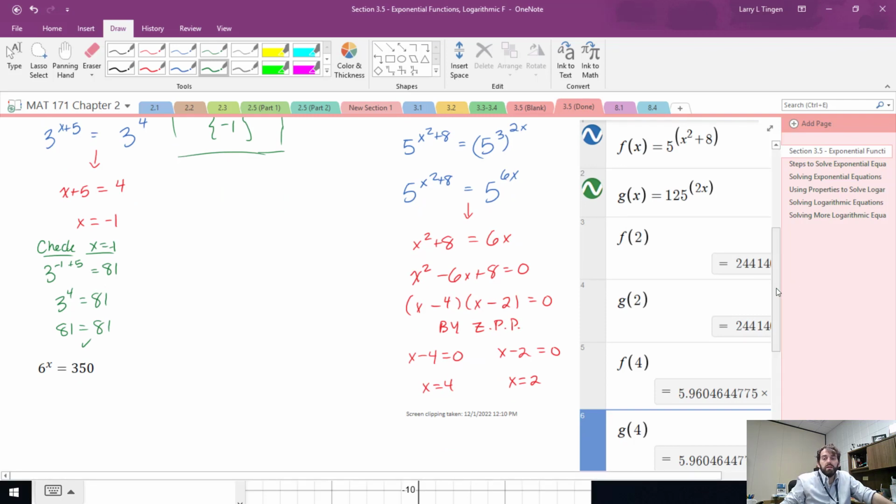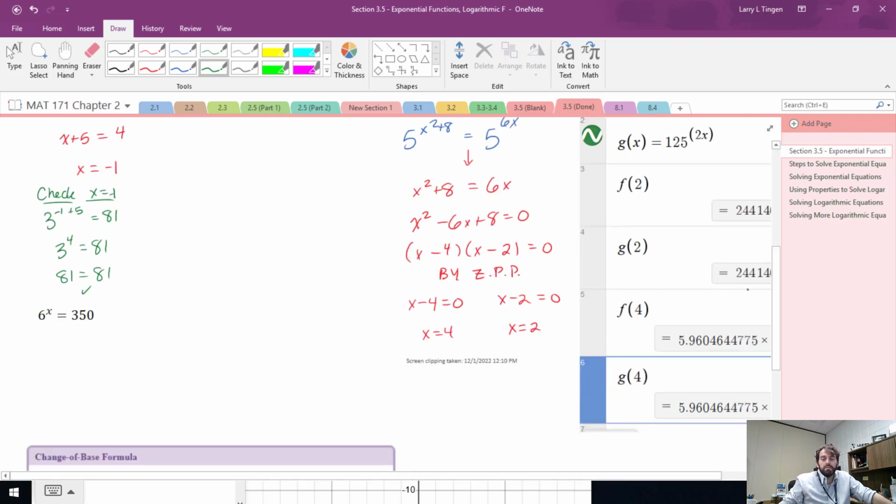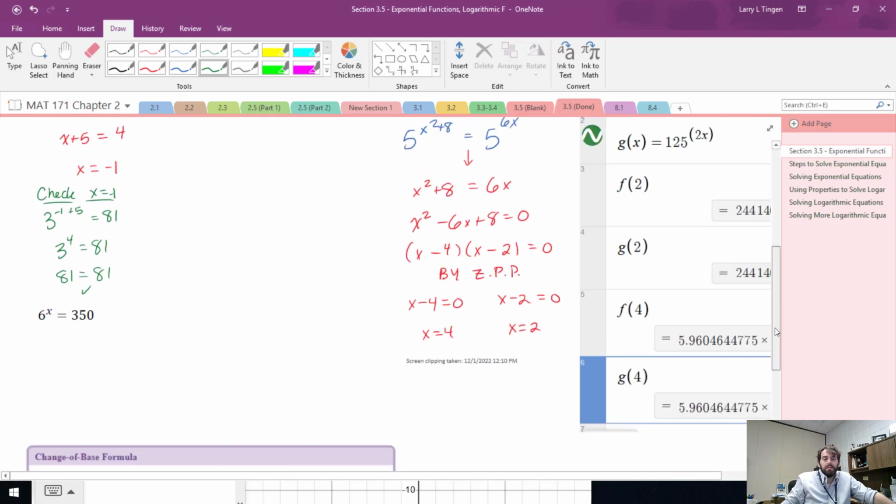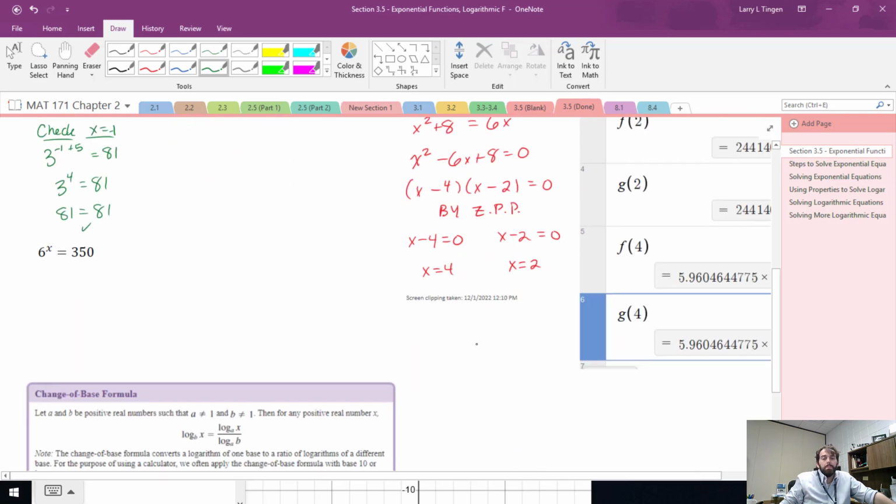Left and right are equal when x is 2. Left and right are equal when x is 4. So that means my solution set contains both 2 and 4. Let's get rid of all these little words here.